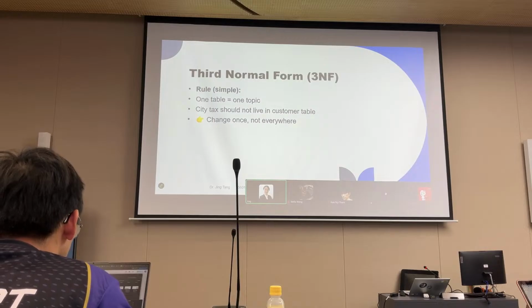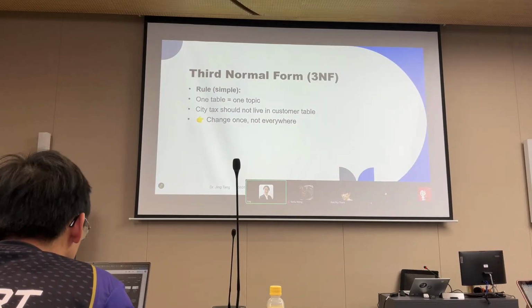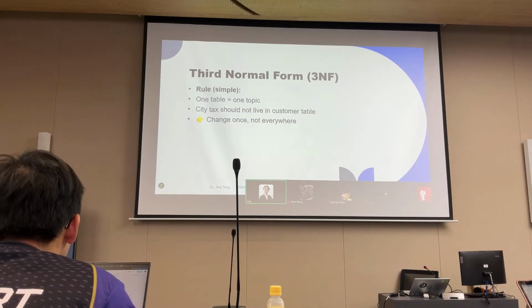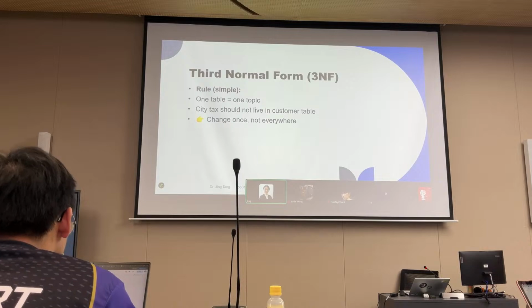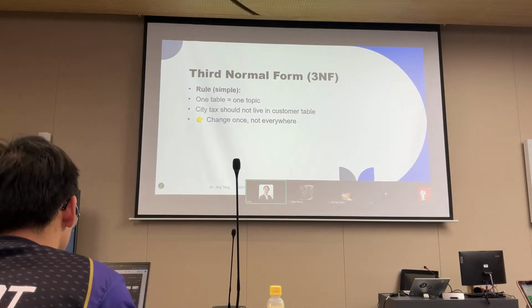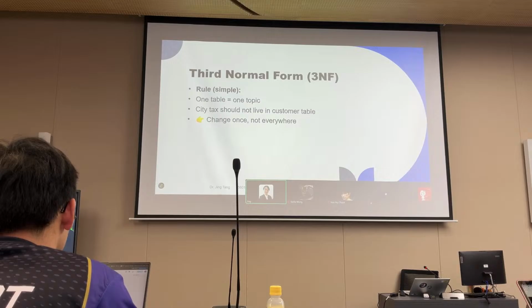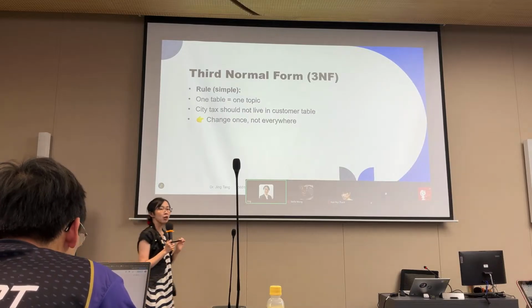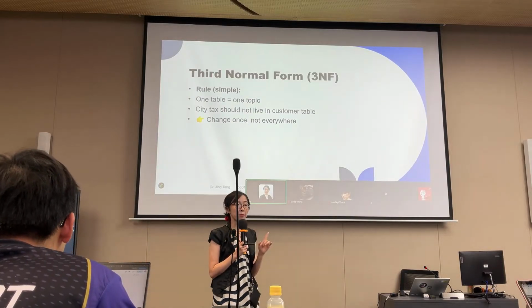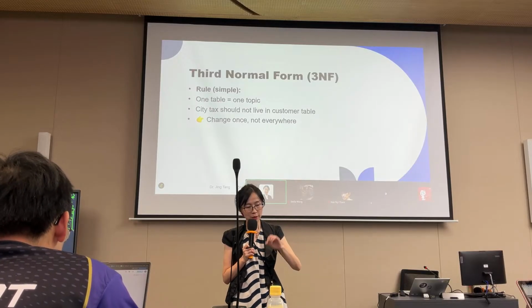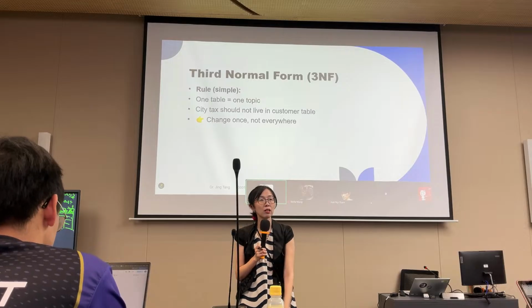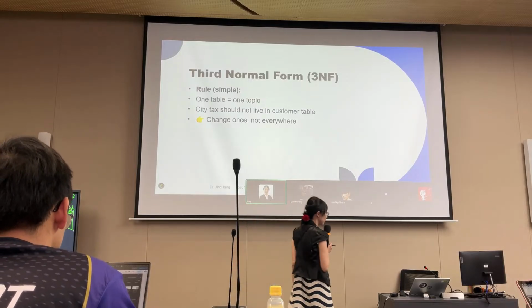So in this case, you must separate the emails from the basic table, because that one is not related to the student ID, not dependent on the primary key. So you have to separate it into an email table. Okay? So there are some columns not depending on the primary key, but depending on some non-key column. So separate that column away. Okay, so this one is 3NF.